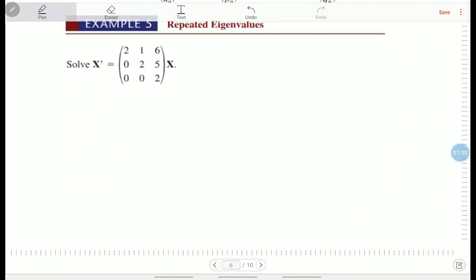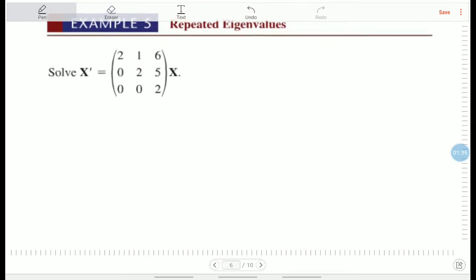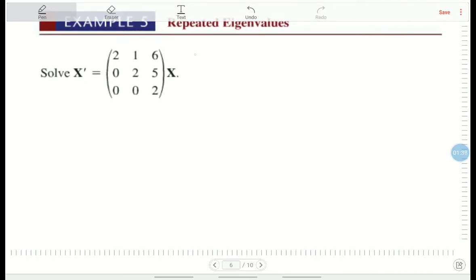So let's take a look at this problem. Our first step is to figure out what the eigenvalues are going to be. So we need to find the determinant of A minus lambda I. So here's what the matrix is going to look like. So this guy is what's called a triangular matrix. It's actually upper triangular.